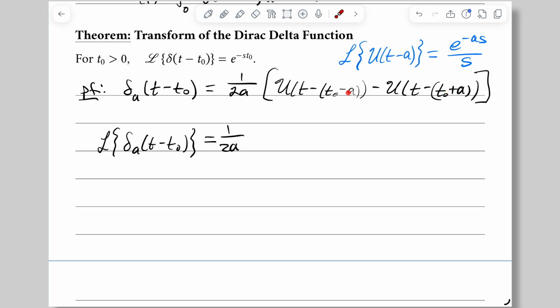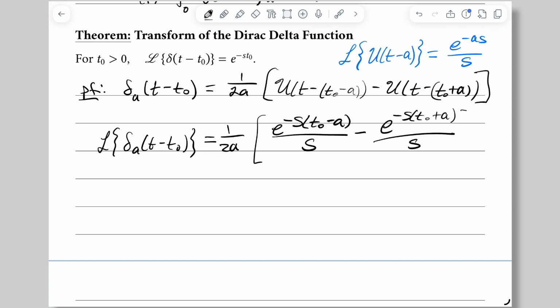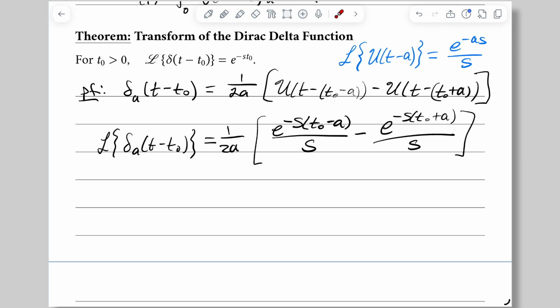So for the first unit step function, we have e to the negative s times t naught minus a divided by s, minus, for the second unit step function, e to the negative s times t naught plus a divided by s. Notice that inside the brackets in the numerator of both of our fractions, we have a factor of e to the negative s times t sub 0.